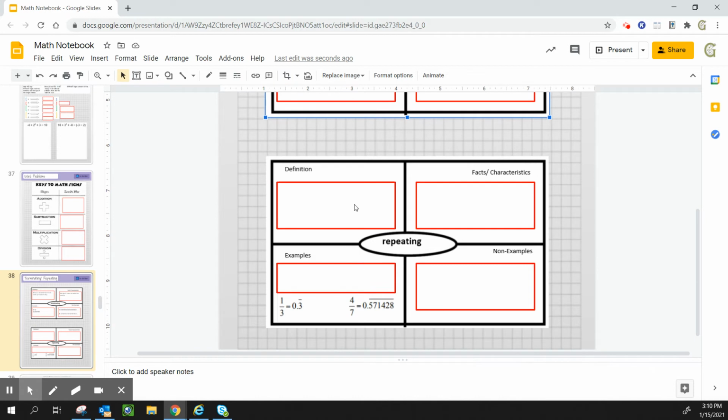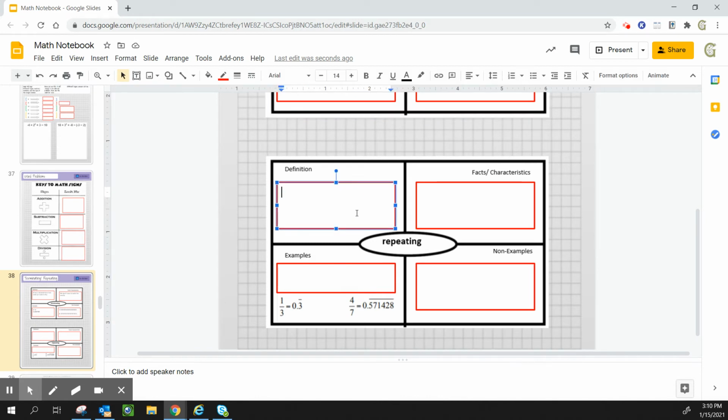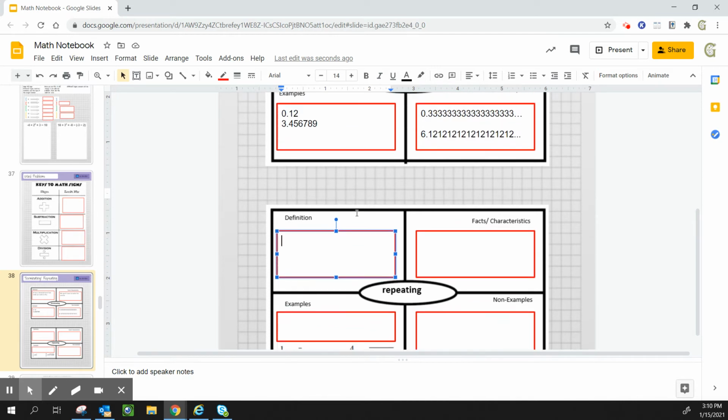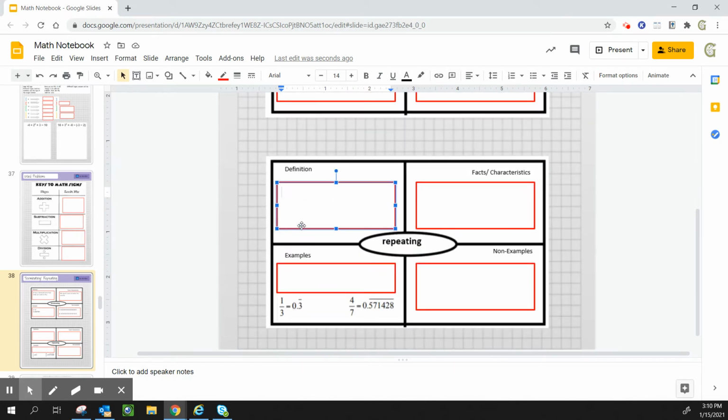Oops. So if I go ahead and fill in the repeating decimal, let's see, I want to put this in. It has a decimal form that repeats the same digit or group of digits without end.